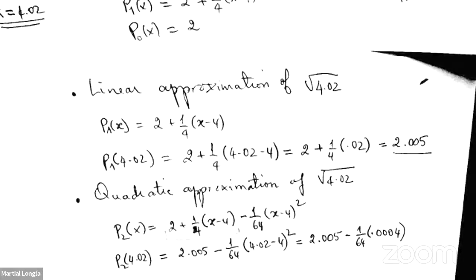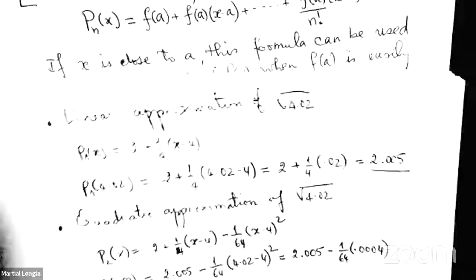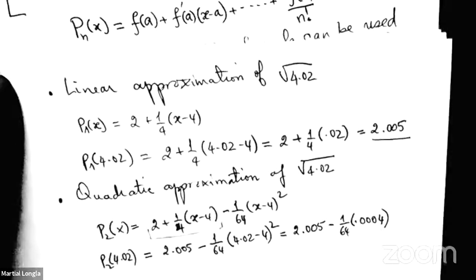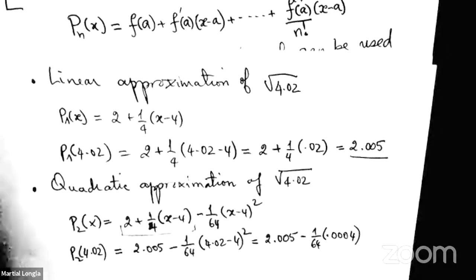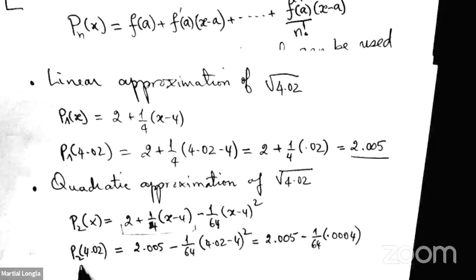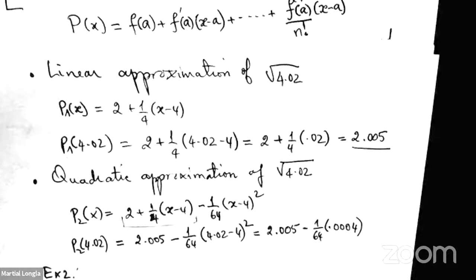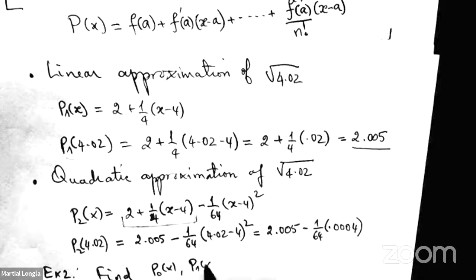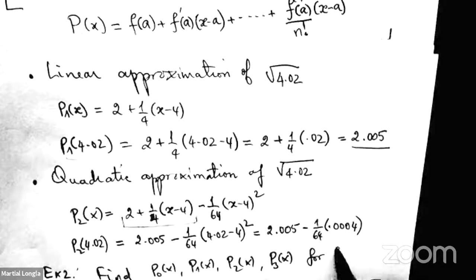Now let me give you this other example. Find P0 of x, P1 of x, P2 of x, P3 of x for f of x equals cosine of 5x.